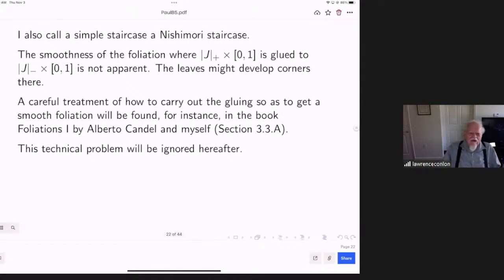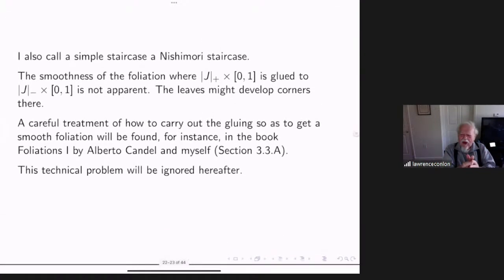Now, as I've been saying, I like to call simple staircases Nishimori staircases. We're going to be dealing with very non-simple staircases soon. Now, the smoothness of the foliation where we glued J plus cross [0,1] to J minus cross [0,1], that dotted line in the previous picture, is slightly problematic. You know, when you're gluing with a diffeomorphism, you want the leaves to meet nicely, smoothly.